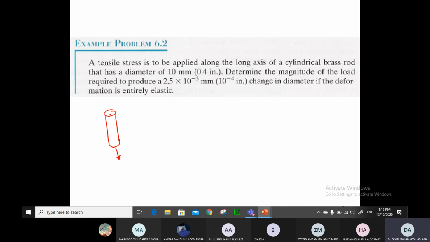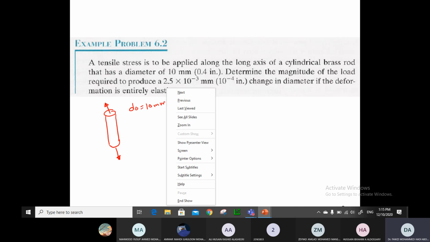Again, we have tensile stress which is applied. The cylindrical brass rod has a diameter of 10 millimeters. So the original diameter is equal to 10 millimeters.